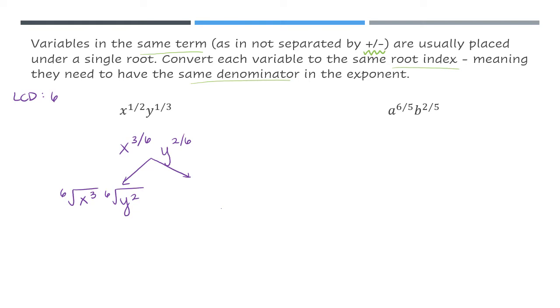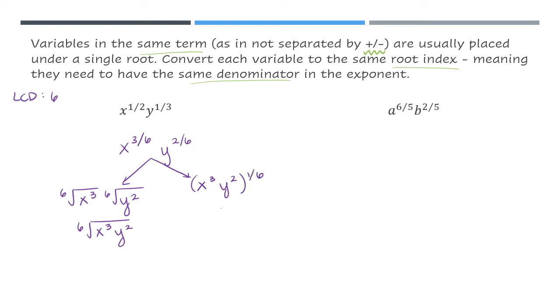Once we have the same root index, the same number in front of the radical, I can combine these. So I can rewrite this as the 6th root of x cubed times y squared. That's one way of getting to the simplified version of our radical form. Another way is to go back up to having common denominators in our exponents, and rewrite this as x cubed times y squared, all raised to the 1/6 power.